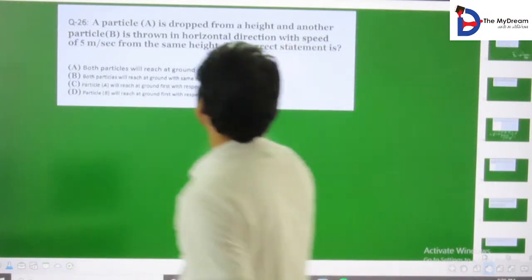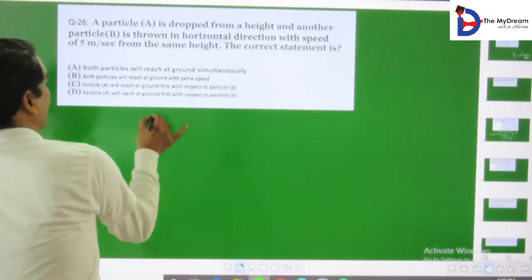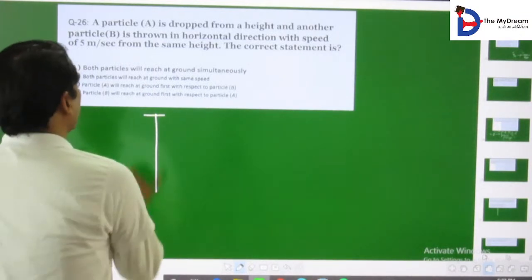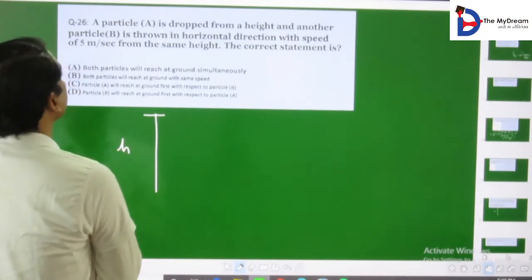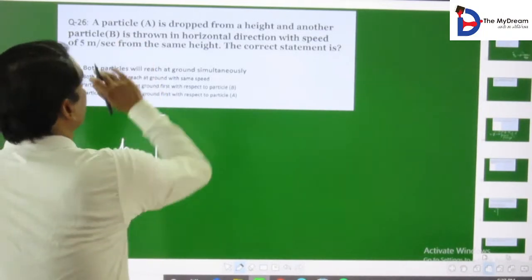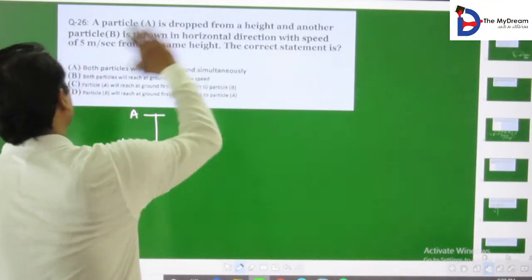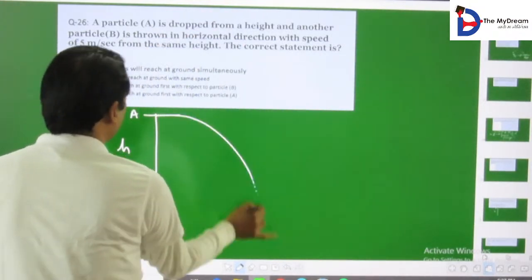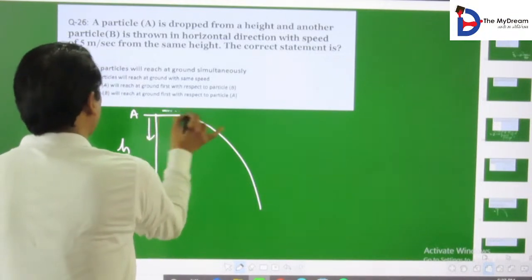A particle is dropped from a certain height. Particle A is dropped from a height and another particle is thrown horizontally. One is thrown like this, and the other is thrown like this.